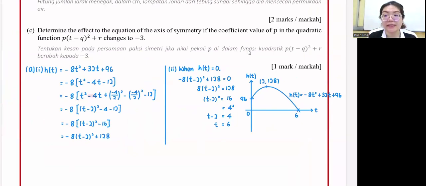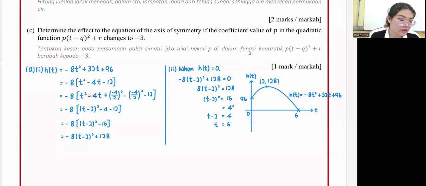Unless the sketching is 4 to 5 marks, then you write everything: the maximum, the roots, the intercept, the equation of the axis of symmetry, and so on. If not, a simple one will do.